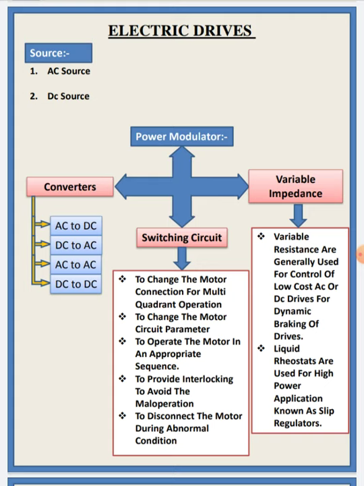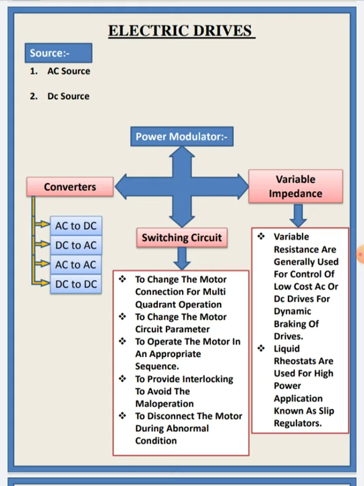One feedback path is also there, which collects some output data using sensors. The sensor will send the signal to the control unit, and the control unit will send the command or feed some input to the power modulator, and according to the command of the control unit the power modulator will work.